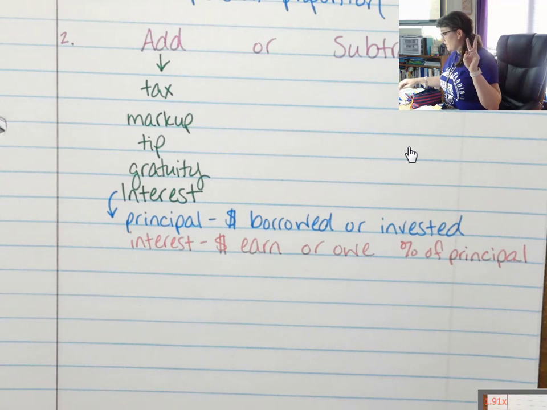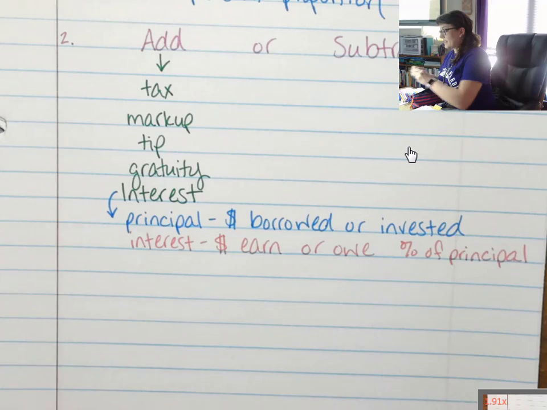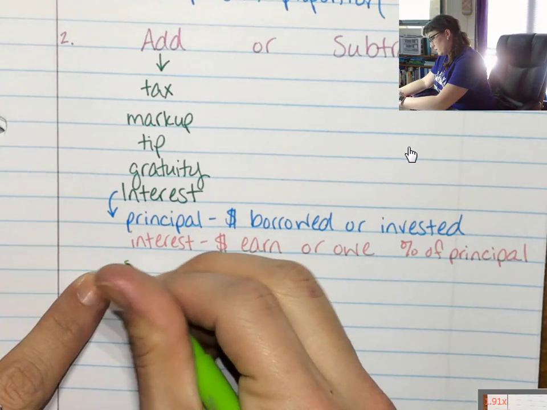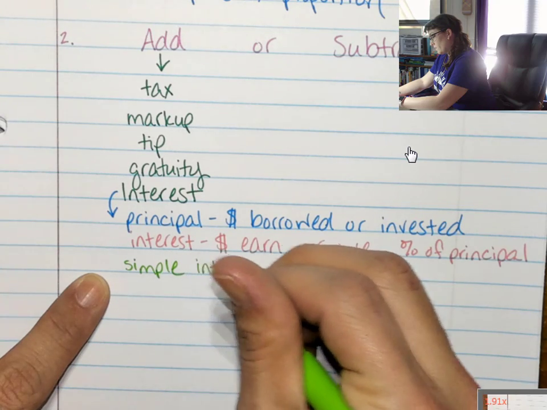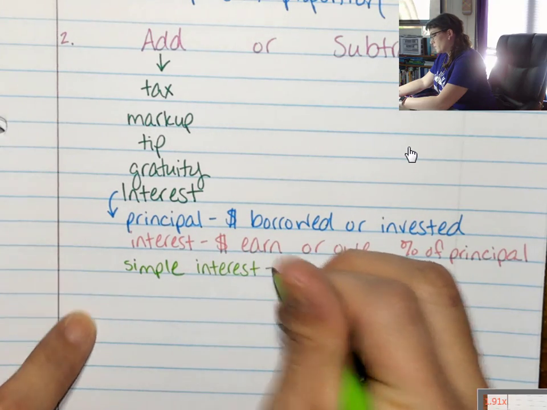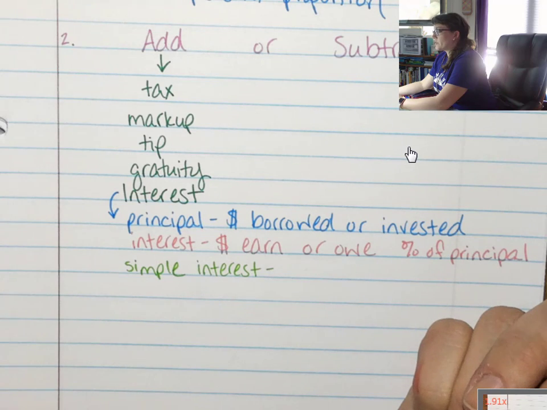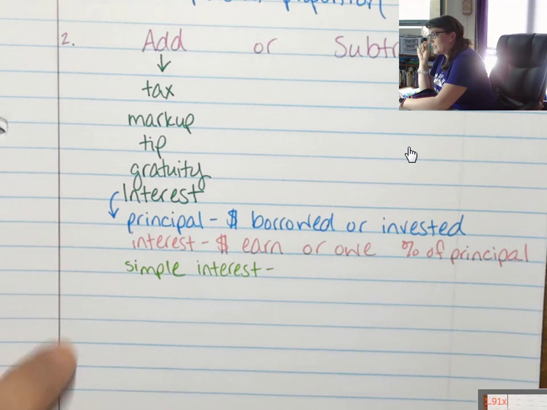There are 2 types of interest that we're going to talk about. There is the simple interest. Wait, are there more types of interest that we're not talking about? Oh yeah. These are the 7th grade versions. Simple interest is calculated one time based on the principal, and you earn that each year.